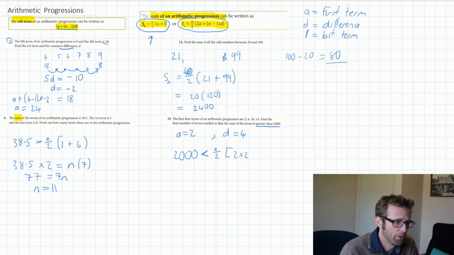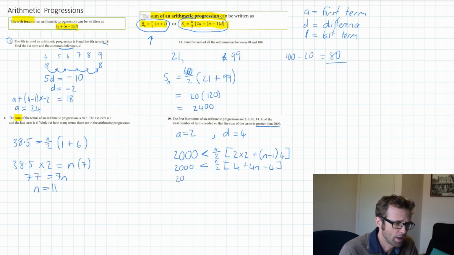I'm going to go plus n minus 1, bracket, d, which is 4. I'm going to close my bracket. Now let's start simplifying this. So my next line, 2,000. Okay, I'm going to have n over 2. I'm going to have my square bracket here. I've got 4 plus 4n minus 4, close bracket.